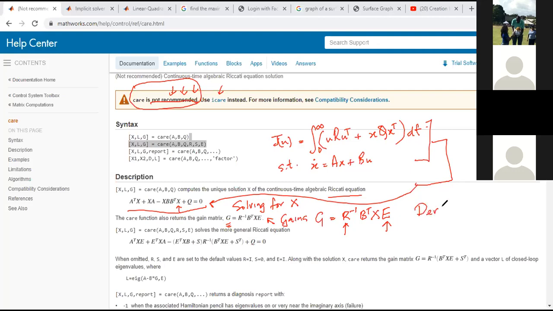Now the default values for these are as seen, 1, or I. So basically what we are going to be solving for is the gains of the system, which is R inverse B transpose times X. We have this equation: A is the system matrix, B is the input. So what is Q?